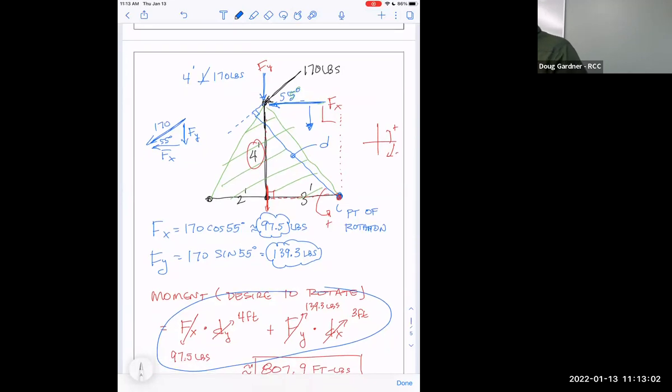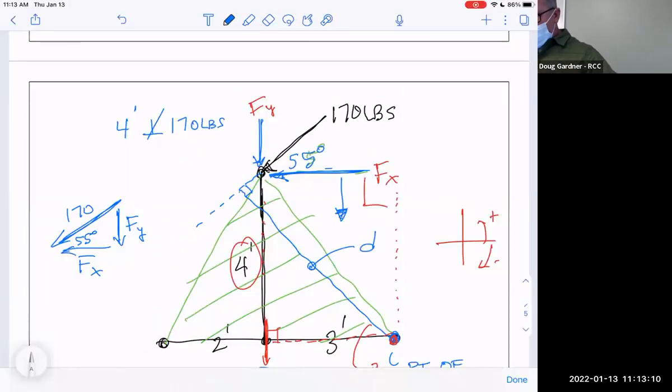So let me see if I can get this right. So if I measure from... and I'm sort of glad I have to sit here and think about this a little bit. I'm looking at your note sheet right now just because I want to see if I can do something that will help you. Yeah, okay, I think I got it now.